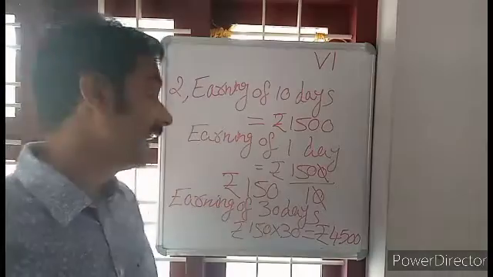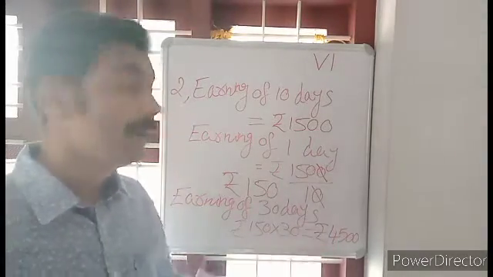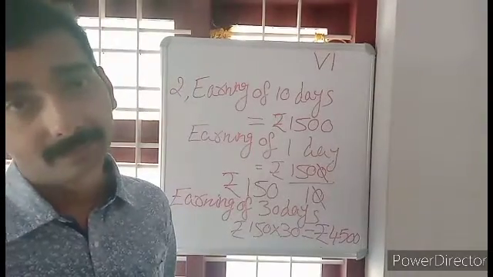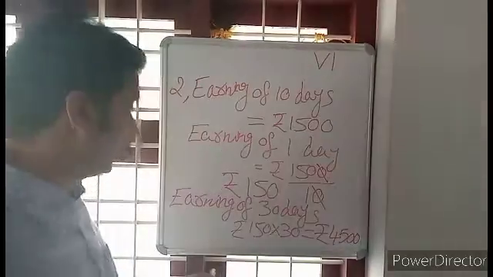Earning of 30 days is rupees 4,500. Clear? Okay.